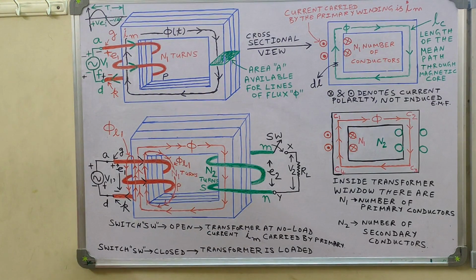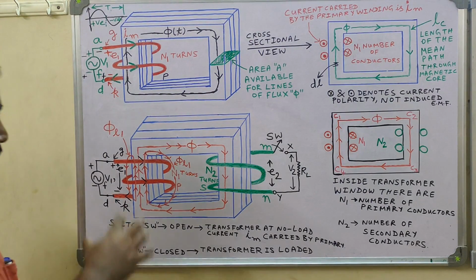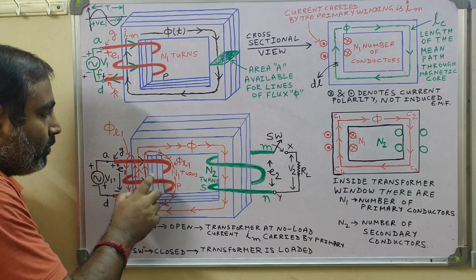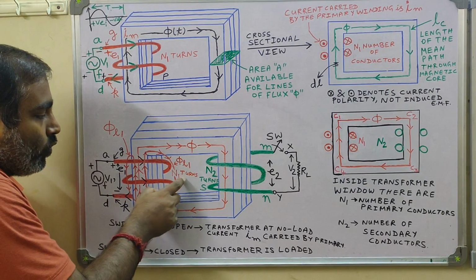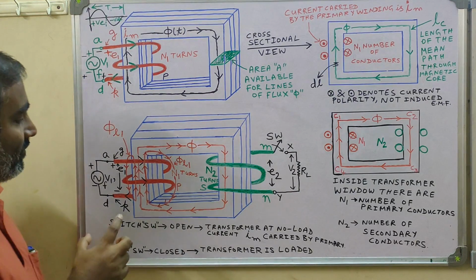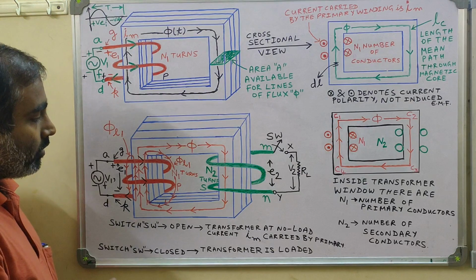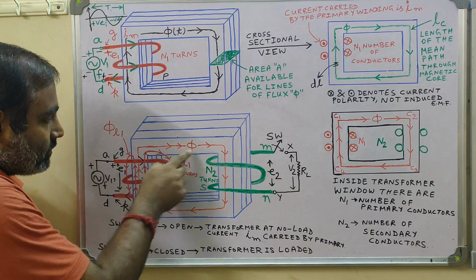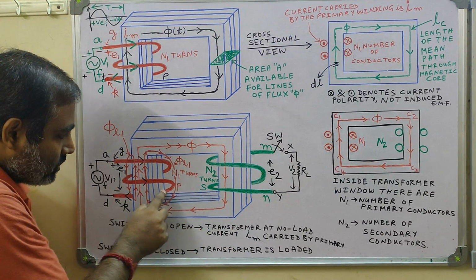Now what I want to stress is that if the number of turns of the primary winding is N1, then we will have N1 number of primary conductors in this portion of the transformer.